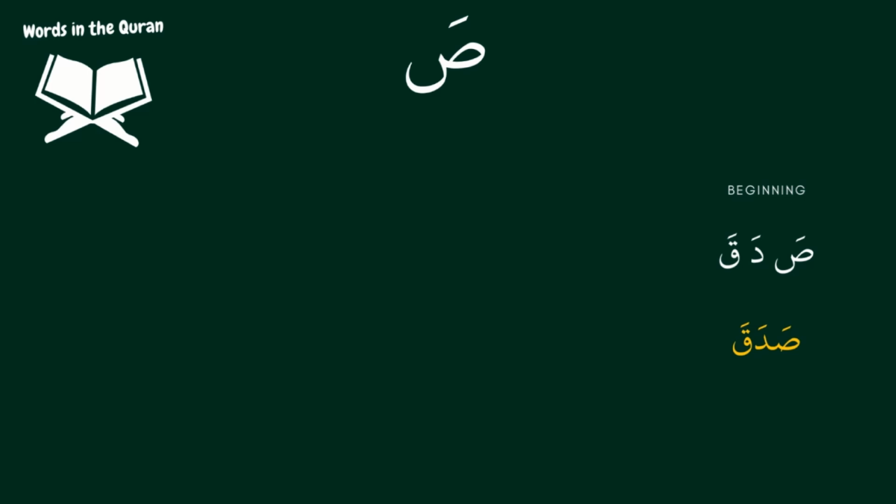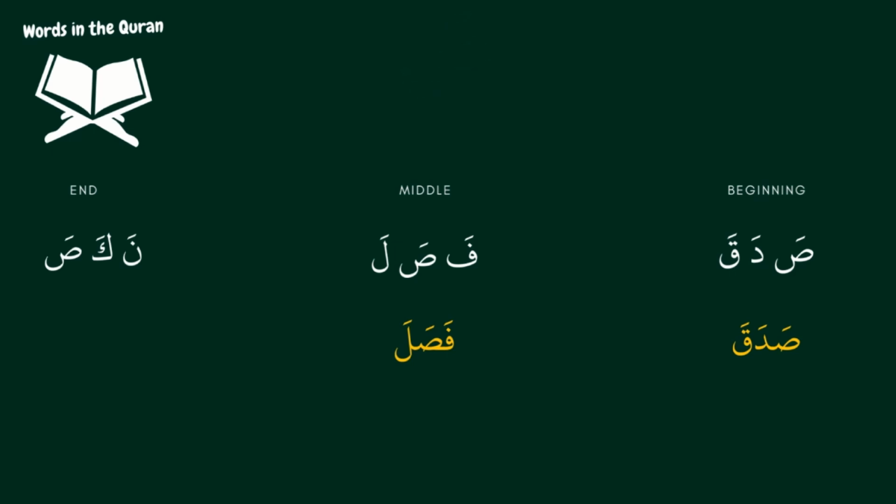This is how Sod looks when it's joined in the beginning. Fasole. Let's look at how it looks when it's joined. And at the end, Nakaso. It looks about the same at the end.